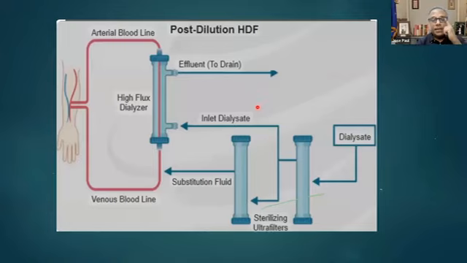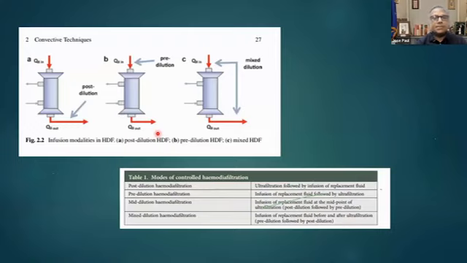And you have to run in a substitution fluid. The substitution fluid is run either in the post-dilution mode, where you infuse it into the blood flow returning to the patient, or you can run it pre-dilution. So this is what happens in hemodiafiltration. You are combining the convective as well as diffusive properties so that you get a good solute clearance.